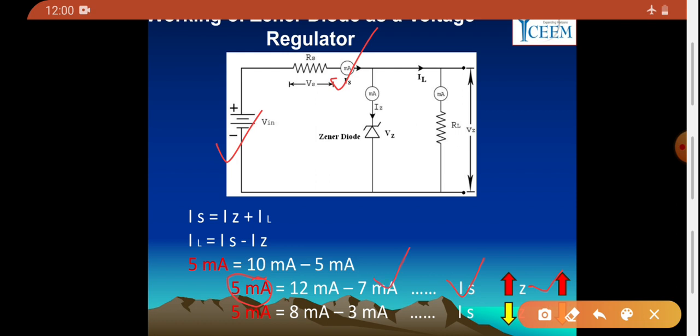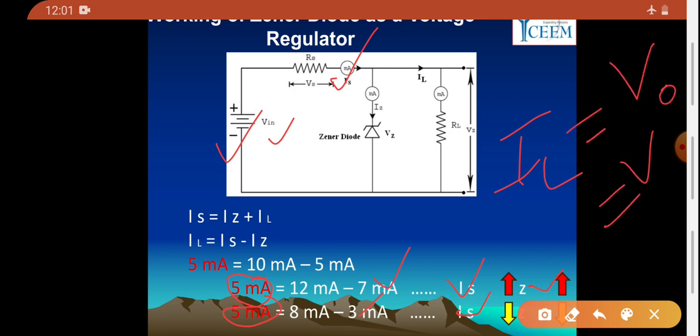Similarly, upon reducing the V in, Is will reduce and Iz will also reduce, keeping the IL constant. IL is the output current or load current which is flowing through the load, so that VO, which is nothing but equal to Vz, will also be constant.